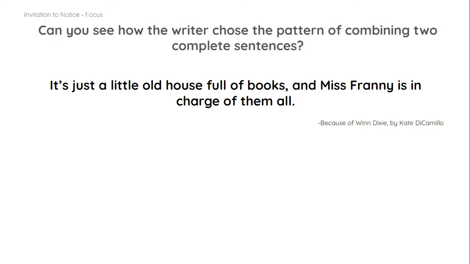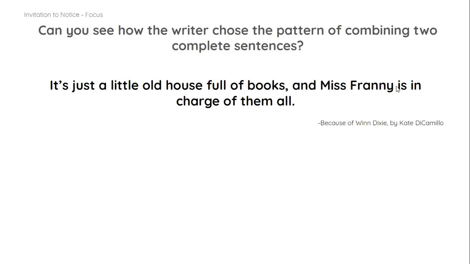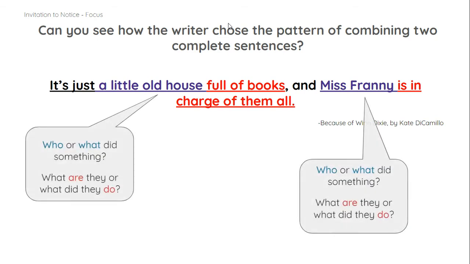Okay, this one just says, can you see how the writer chose the pattern of combining 2 complete sentences? So here's our first complete sentence. It's just a little house full of books. Here's our second sentence, Miss Franny is in charge of them all. What you're going to see is the reason these are complete sentences is because you have a who or a what here, and you have what they did or what they are.